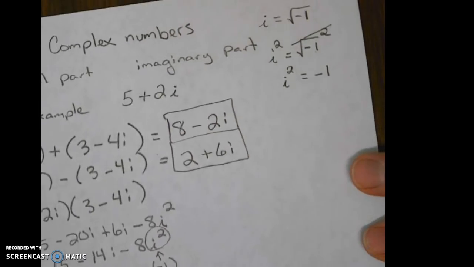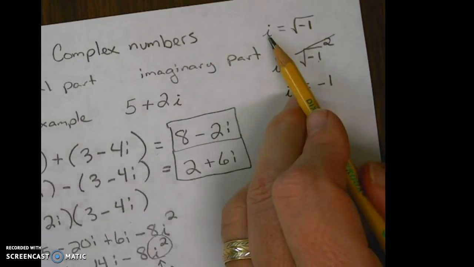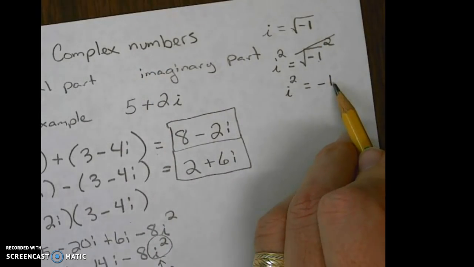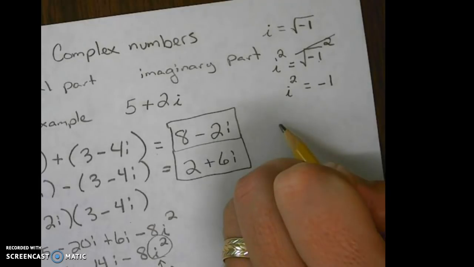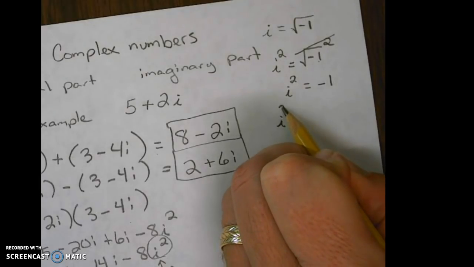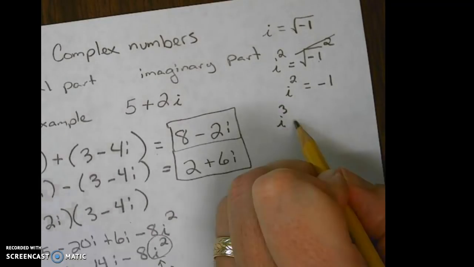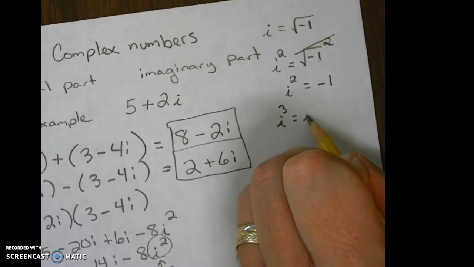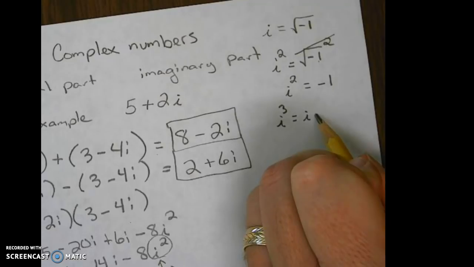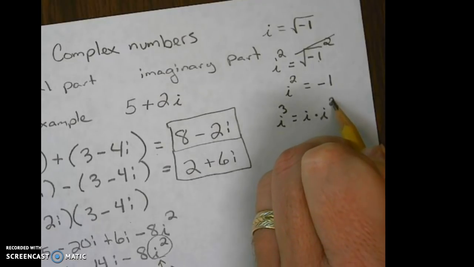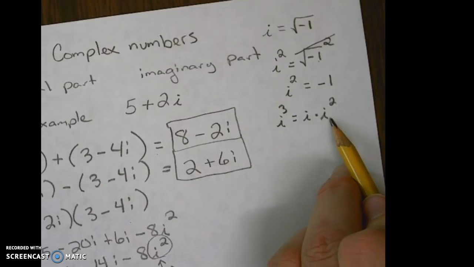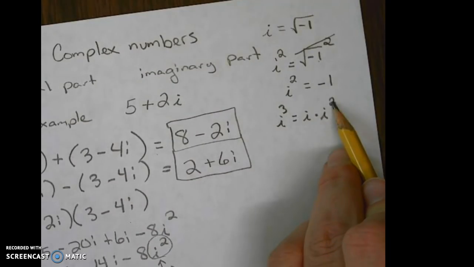Let's go back up here real quick and look at, we know what I equals. We know what I squared equals. Let's take a look at what I cubed equals. Well, I cubed is going to be equal to I times I squared. Remember, when multiplying like bases, you add the exponents.